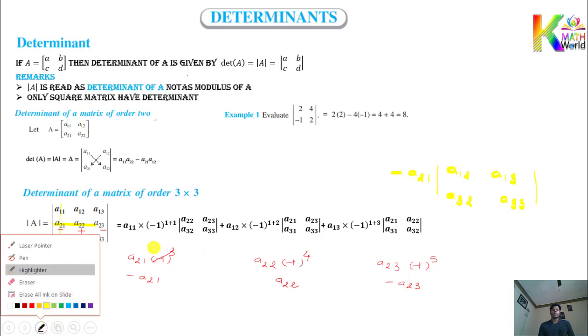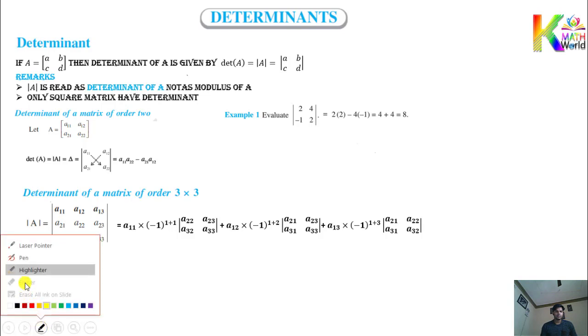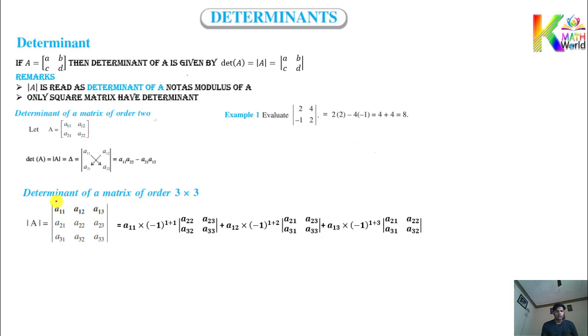But normally, to find the determinant, you need to expand it with respect to the first row, so it will be easier for you. So in short, now I am going to indicate the signs here. For the first row you get plus, minus, plus. For the second row you get minus, plus, minus.